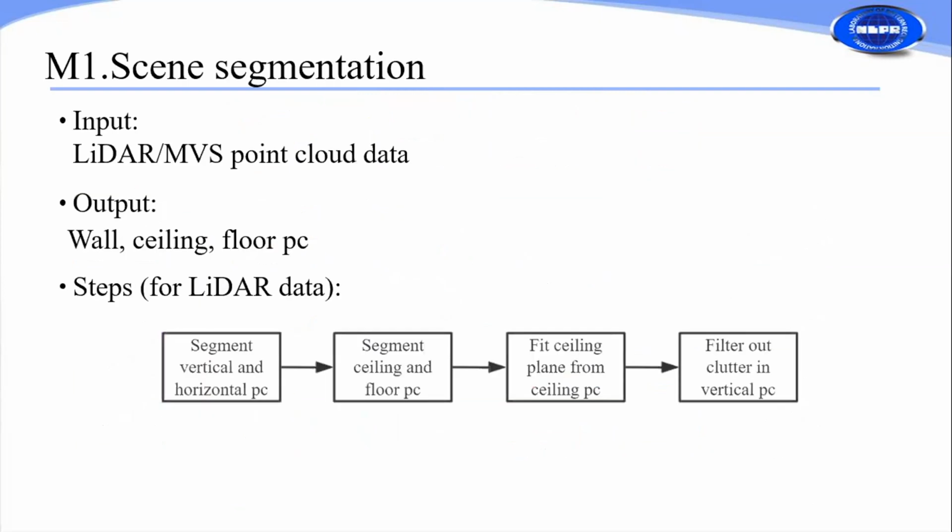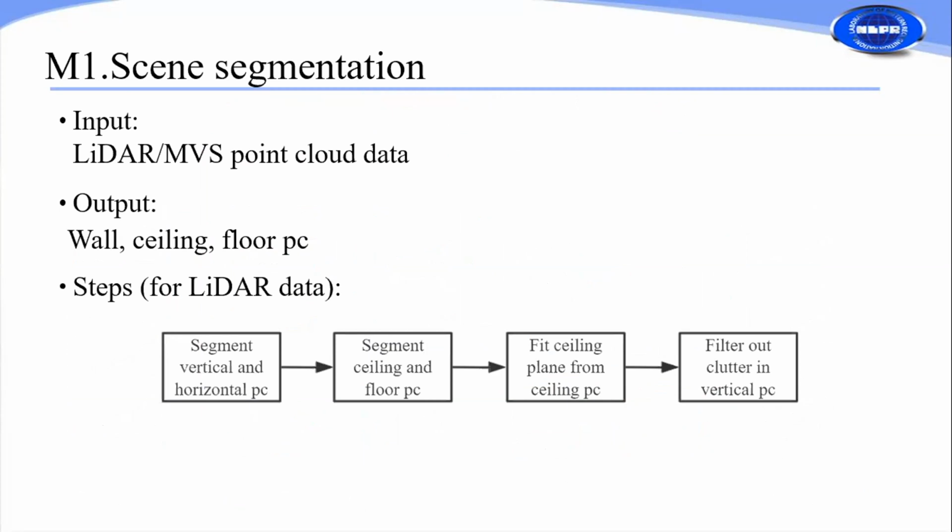Firstly, to obtain vectorized models with semantic information, we segment permanent structures, including ceilings, floors, and walls, from the input data. It is noted that we can process not only laser point clouds with high precision, but also image-based MVS point clouds.